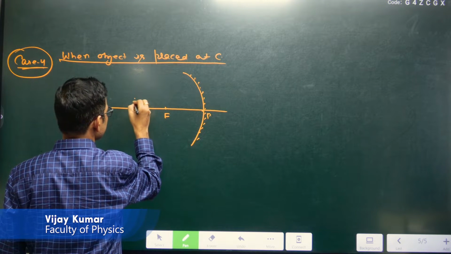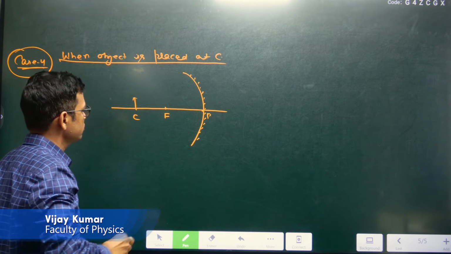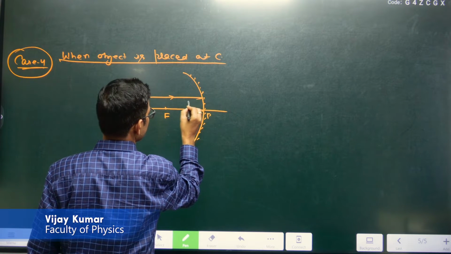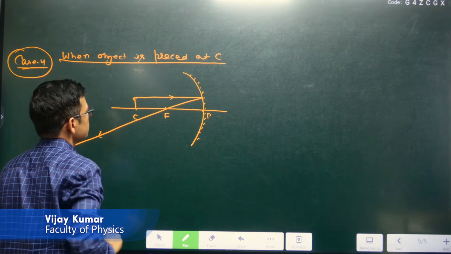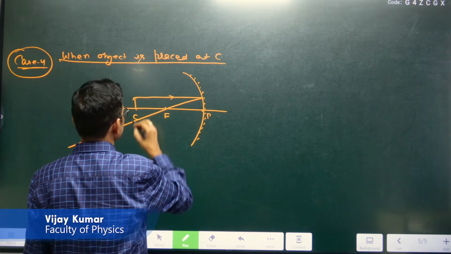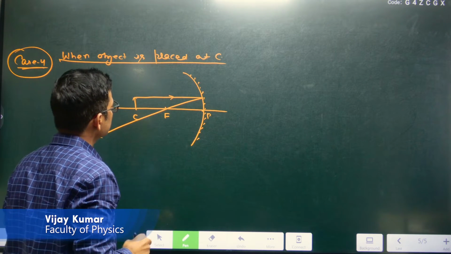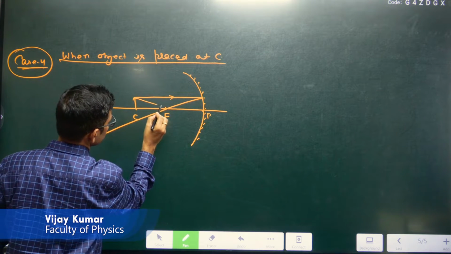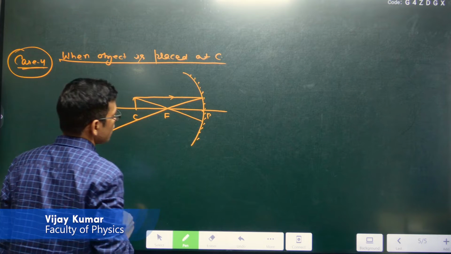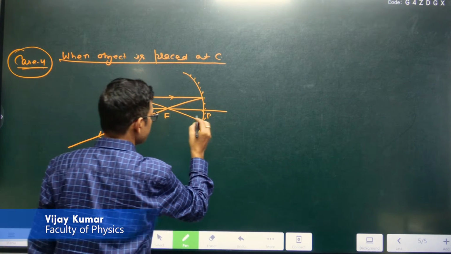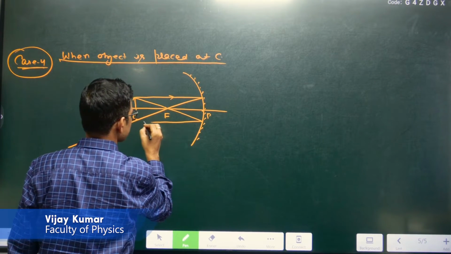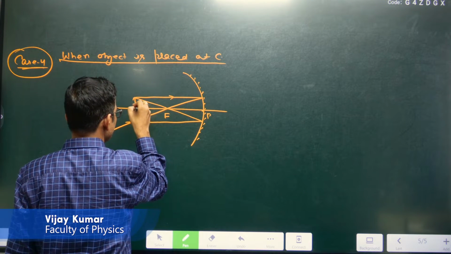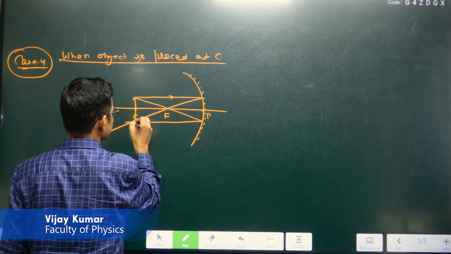The first ray is parallel to the principal axis and passes through the focus. The second ray passes from the focus, so after reflection from the mirror it will be parallel to the principal axis. So we observe that the image is formed at the same point, at C.